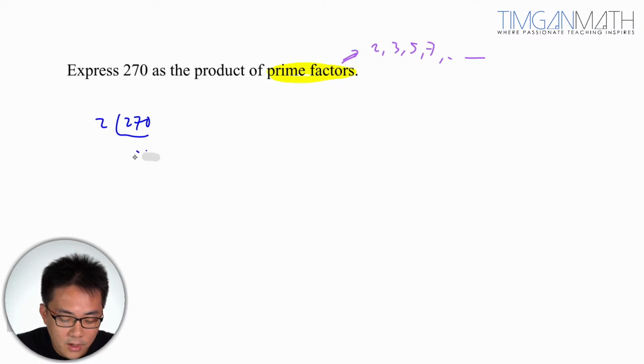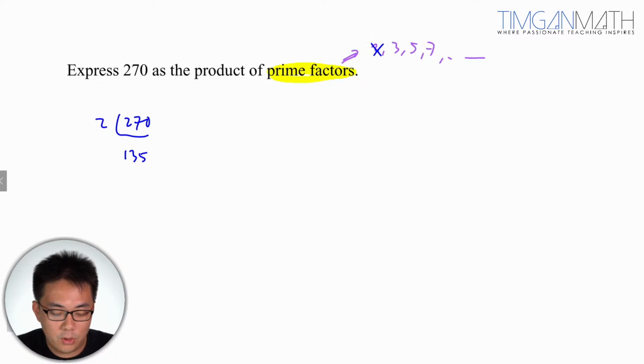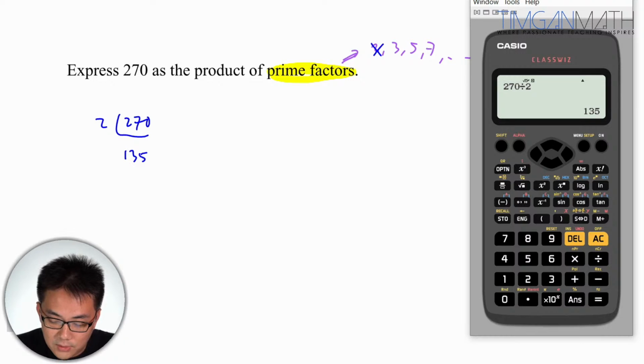So 270 divided by 2 will be 135. And for 135, you move up the prime factors in ascending order. You started with 2, so you just cancel this out, and you move up to the subsequent one, which is 3. So you just ask yourself whether 135 could be divided by 3. Just put it down. It could.